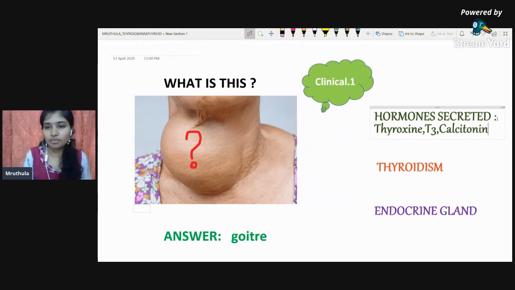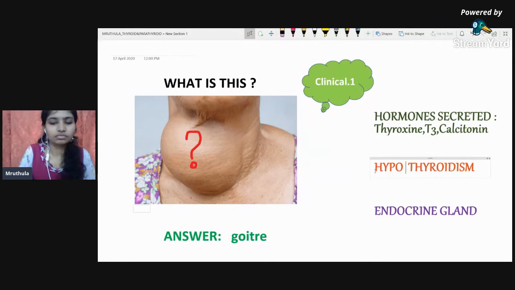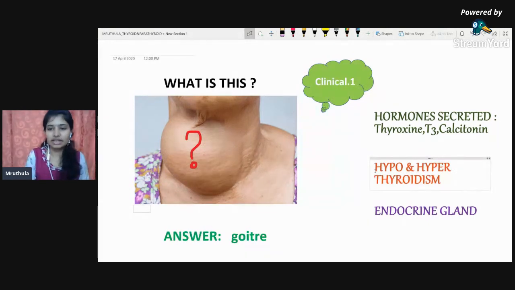These are the 3 important hormones released. And we also would have heard about hypothyroidism and hyperthyroidism. So I don't think I need to explain it. You will be knowing it. Excessive secretion is hyper, and decreased secretion of thyroxine is hypothyroidism.